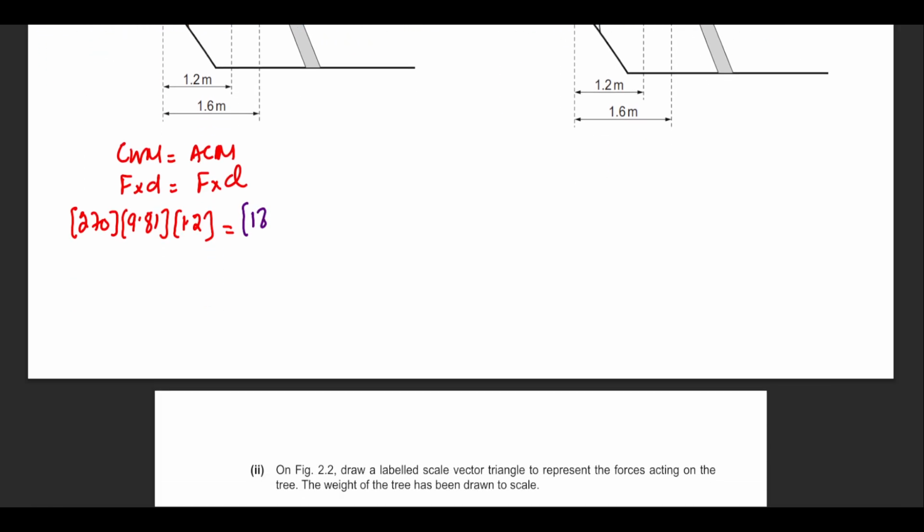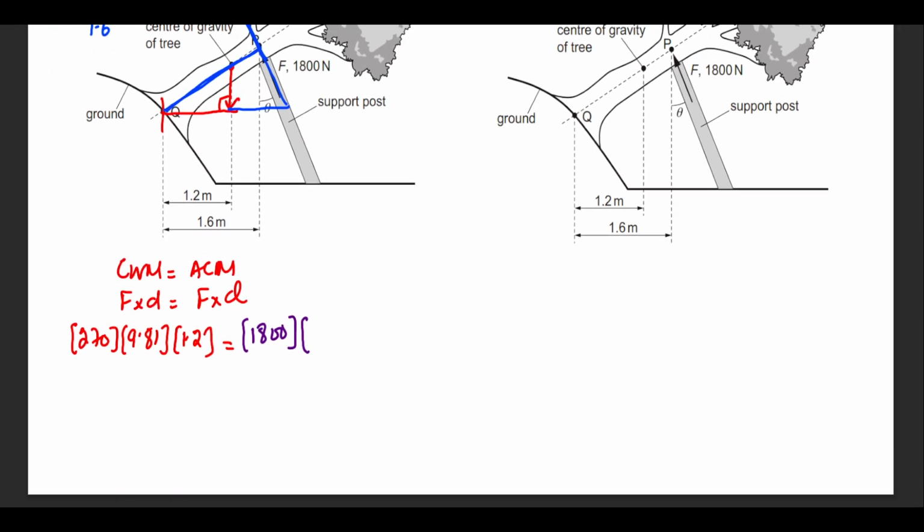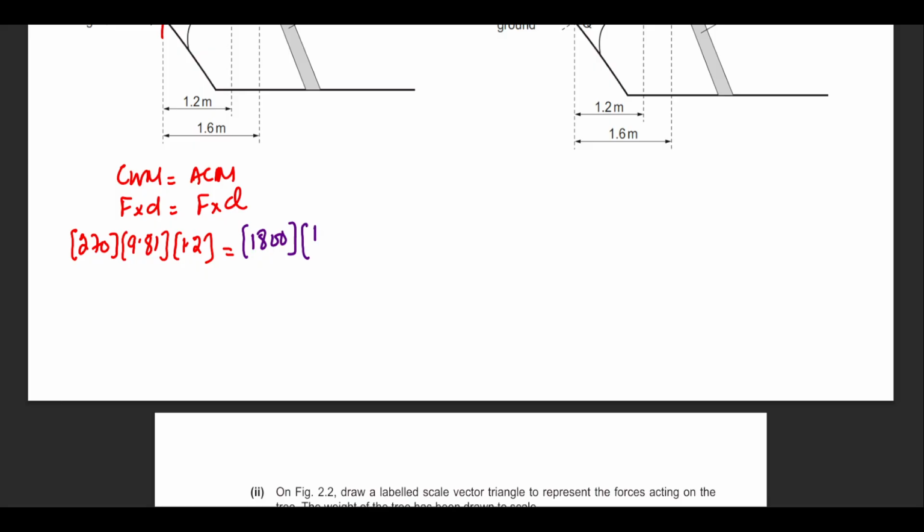So F, I'm not disturbing F, this is 1800, but I have considered the distance to be the perpendicular one to the force, which is supposed to make a 90 degrees angle. So this one is going to be 1.6 divided by cosine of theta. So once you solve this, the theta comes out, of course, don't forget about the cosine inverse. Once you solve this, the theta comes out as 25. And you've successfully shown this.